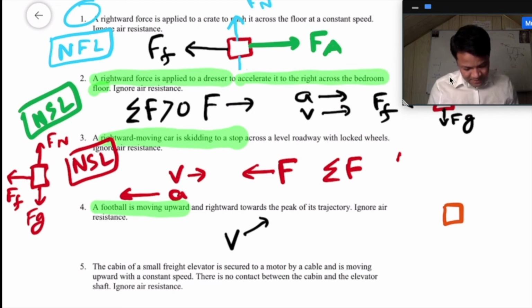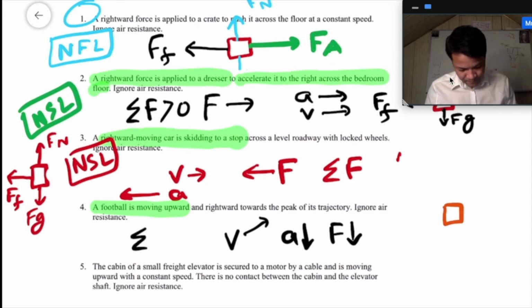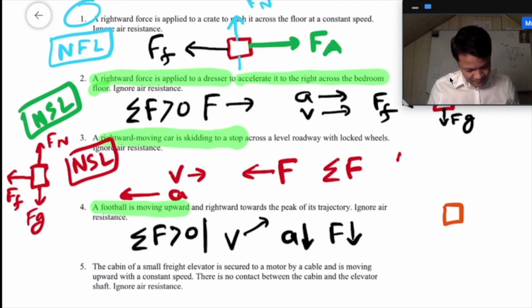Okay, velocity is this direction. Acceleration is this direction. So force must be in this direction. Then there must be some net force. So net force is in this direction. And that's it. So this is Newton's second law.